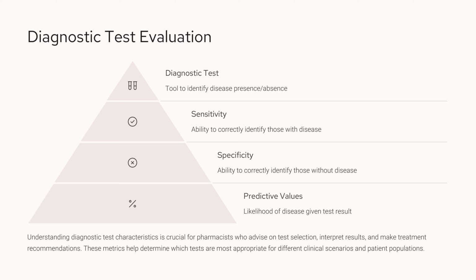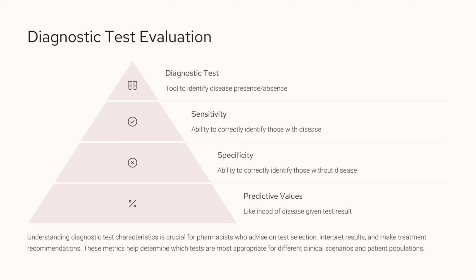So what is a diagnostic test? It's a tool to identify disease presence or absence. So anything that we use to measure on patients, anywhere from an MRI test to glucose to blood pressure for identifying hypertension. And every test has sensitivity and specificity with it.